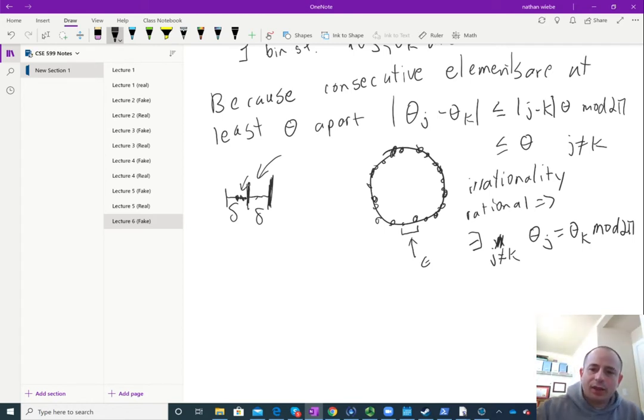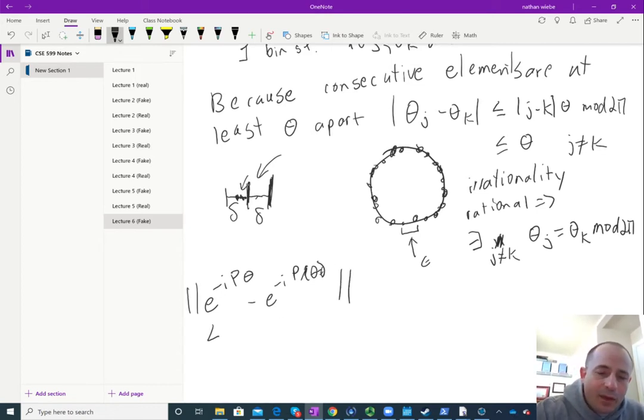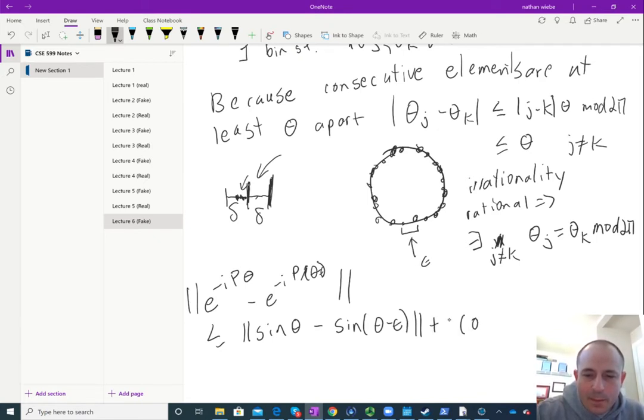Now, you can end up showing that if you've got 2 rotations, e to the negative i p theta, and then e to the negative i p (theta minus epsilon), the norm of that, using matrix norm properties, is less than or equal to sine theta minus sine (theta minus epsilon) plus cosine theta minus cosine (theta minus epsilon).